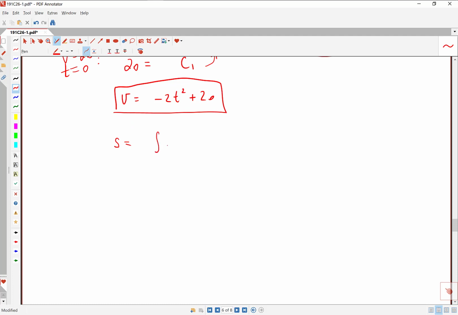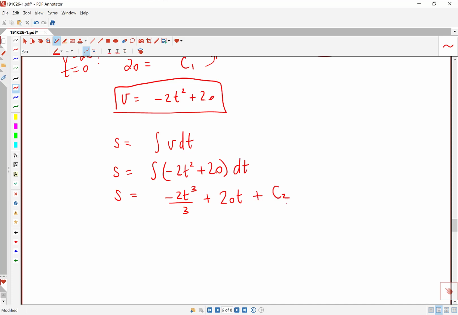S is going to be the integral of velocity with respect to time, so specifically the integral of negative 2t squared plus 20 with respect to t. Let's do our integration. This is going to be negative 2t cubed over 3 plus 20t plus some constant.